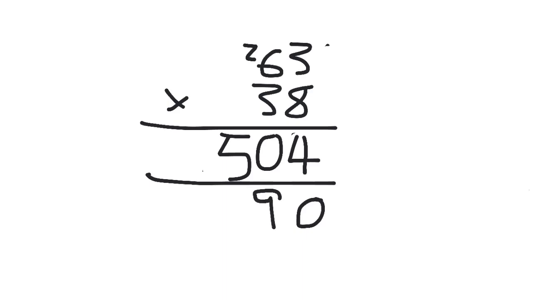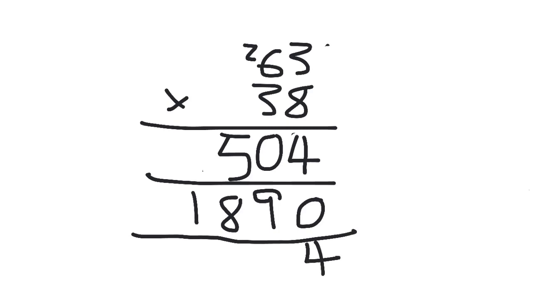So there, I've got that answer there. 3 times 6, which is 18, well, actually 30 times 6, so that's going to be 1,890. That's 30 times 60, which of course is 1,800. Okay, and 4 plus 0, 4. 0 plus 9, 9. 5 plus 8, 13. And 1 plus 1 is 2.